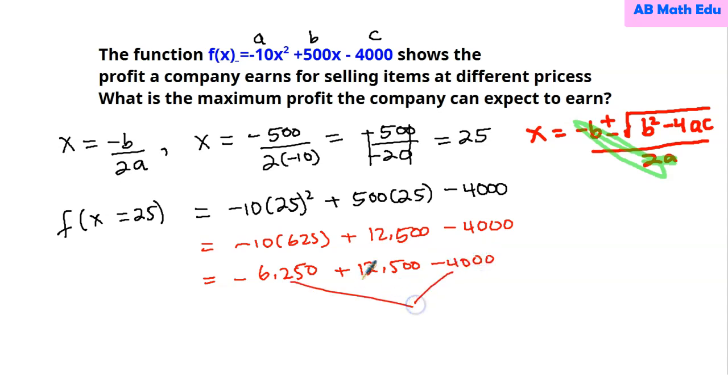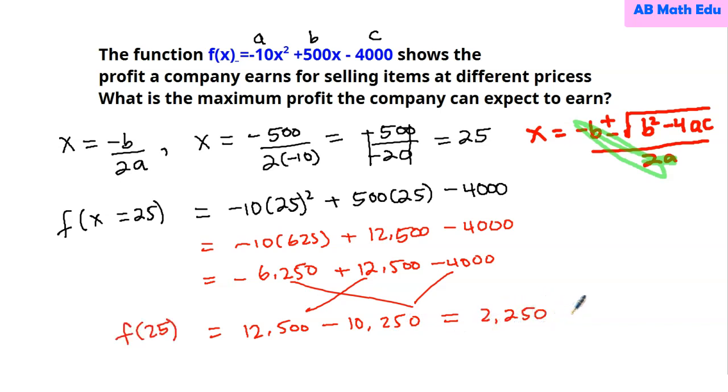So you combine this and this, you bring this one here. 12,500 minus, you put these two together, and that will give you 2,250. Here it could be dollars, it could be dirhams, it could be cedis, it could be pounds, depending on the currency that you would like to use. So the maximum profit the company could expect is around here, and they have to sell at this cost.